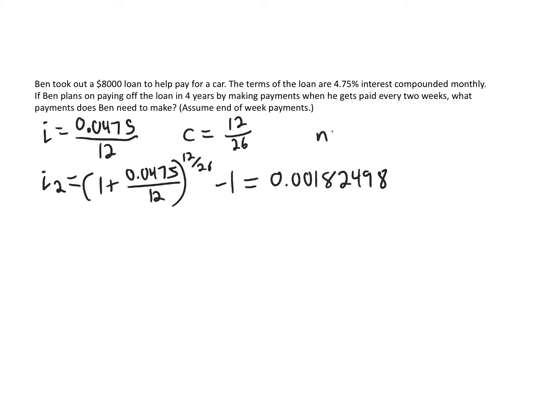And then we need to calculate N, which is 4 times 26. This is the number of payments made.